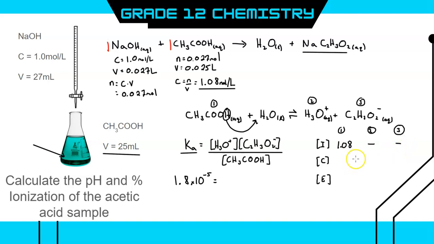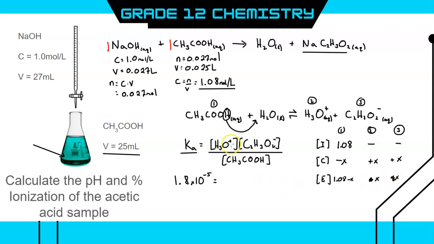And then we're going to have some change. Now it's all a 1-to-1 ratio, so these are going to change by a certain amount x, and this is going to decrease by that amount x. So our equilibrium concentrations is 1.08 minus x, and for hydronium and acetate, it's just x.